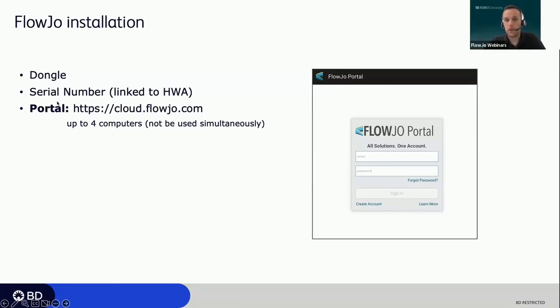So if you still have one of those and want to switch to Portal, just contact us and we're happy to exchange your dongle for a Portal account. With a Portal account, you can use those credentials on up to 4 computers. So you can have access on your lab computer, home computer, maybe a laptop, so whatever computer you want.